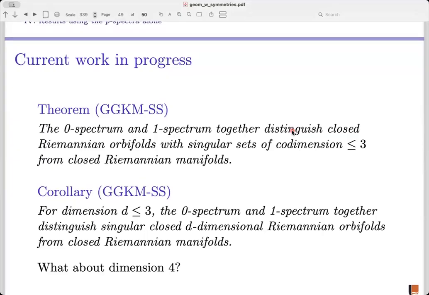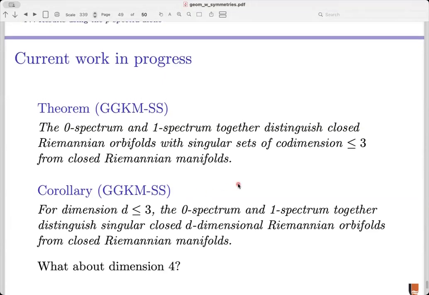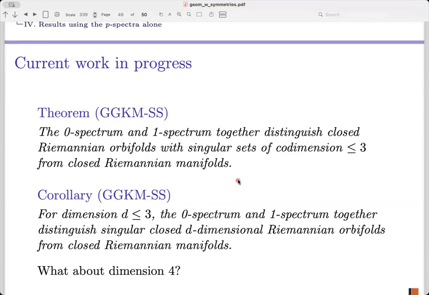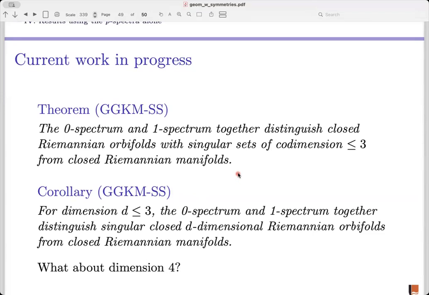The hard part is that when you're working with such a low dimensional stratum, the 0 stratum, the heat invariants that we need to work with to get a contradiction similar to the one for this theorem end up being the a2 heat invariant in the manifold setting, and that involves integrals of norms of the curvature: the Riemannian curvature tensor, the Ricci curvature, and the scalar curvature, which is hard.